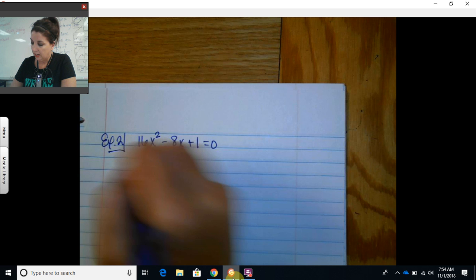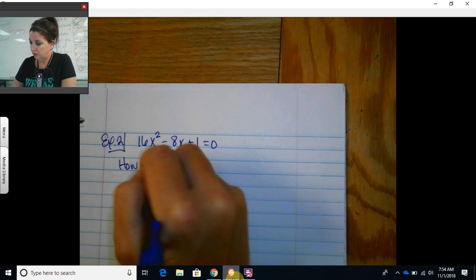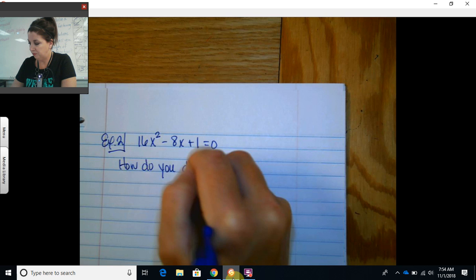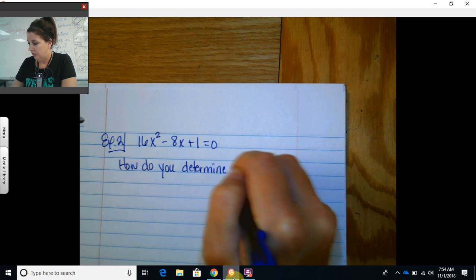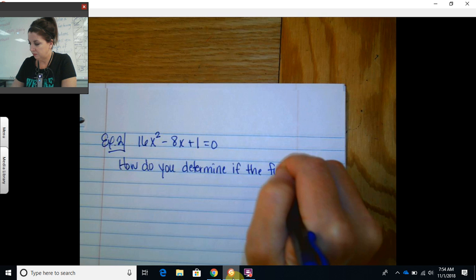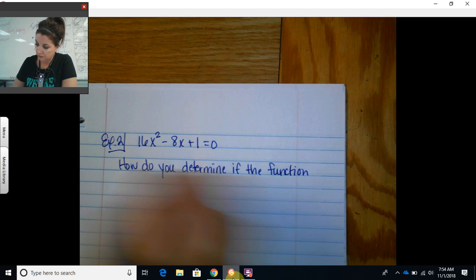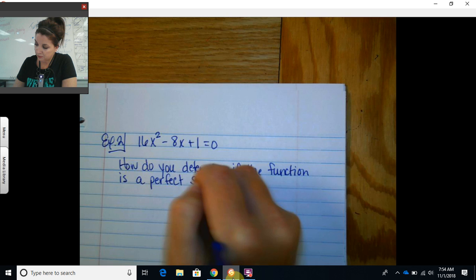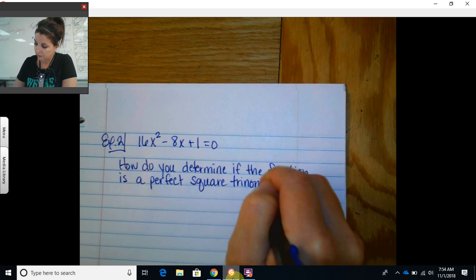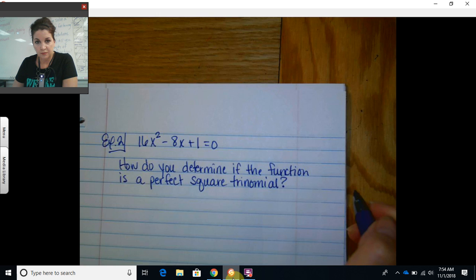How do you determine if the function is a perfect square trinomial? And I'm going to rewrite my problem.